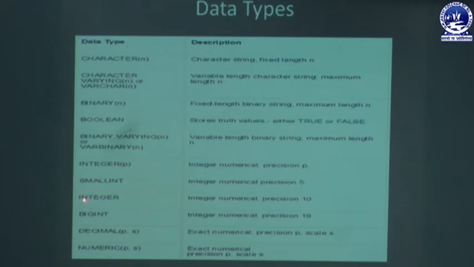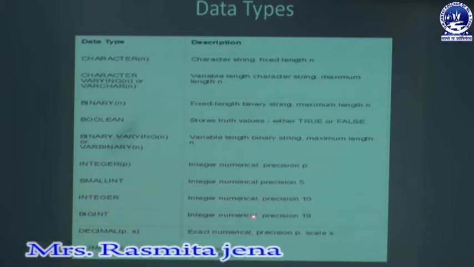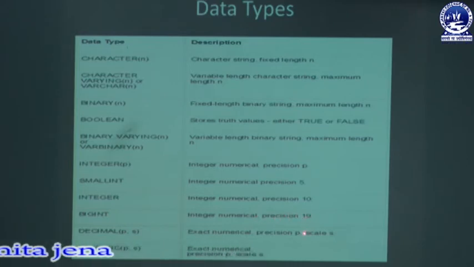These are the different types of integer. By using small int, the integer numerical precision is 5, and similarly integer has numerical precision 10, and big int has integer numerical precision of 19.